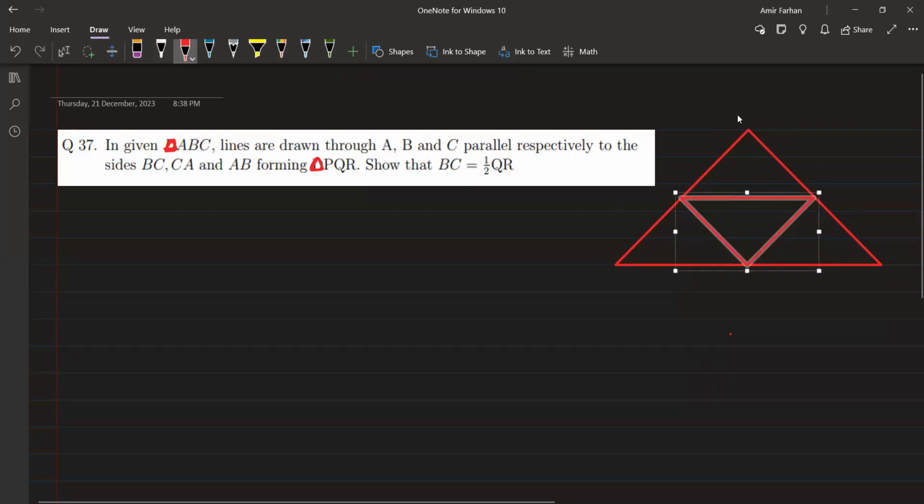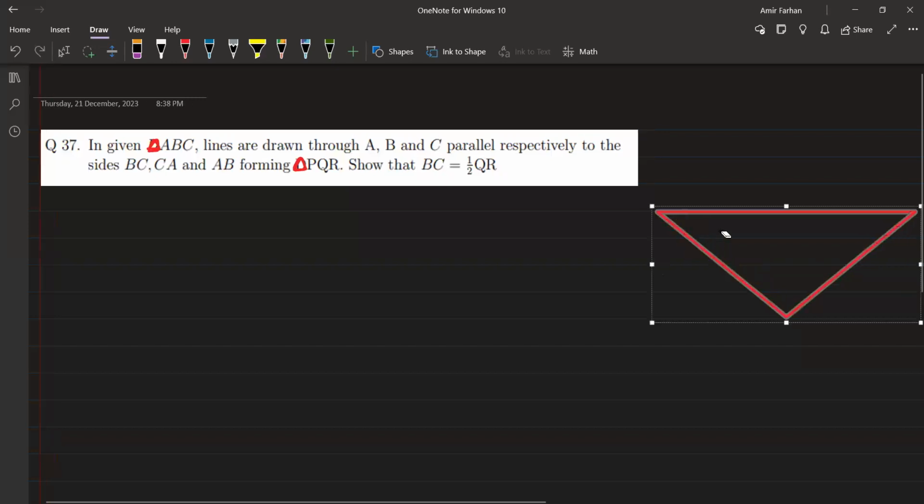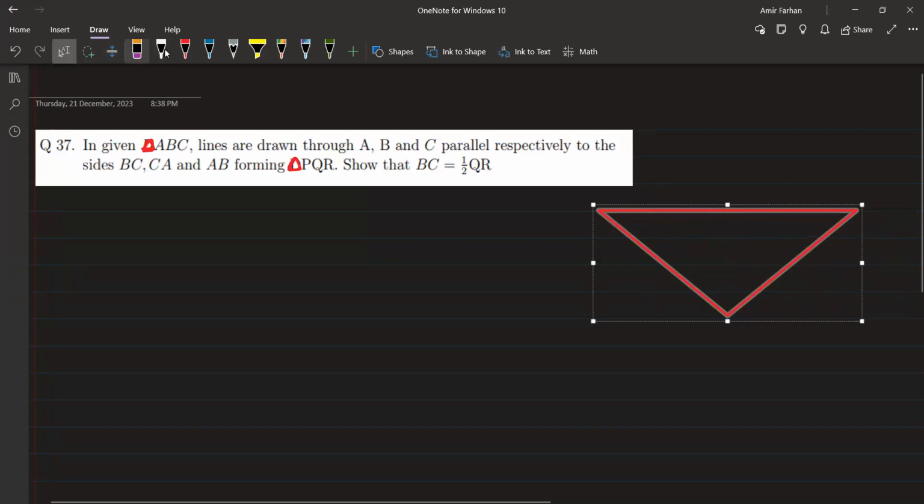Just a second, let's take it opposite, it will be easier. Let's do it like this. Okay, so there's one triangle formed like this. Clear, everybody?